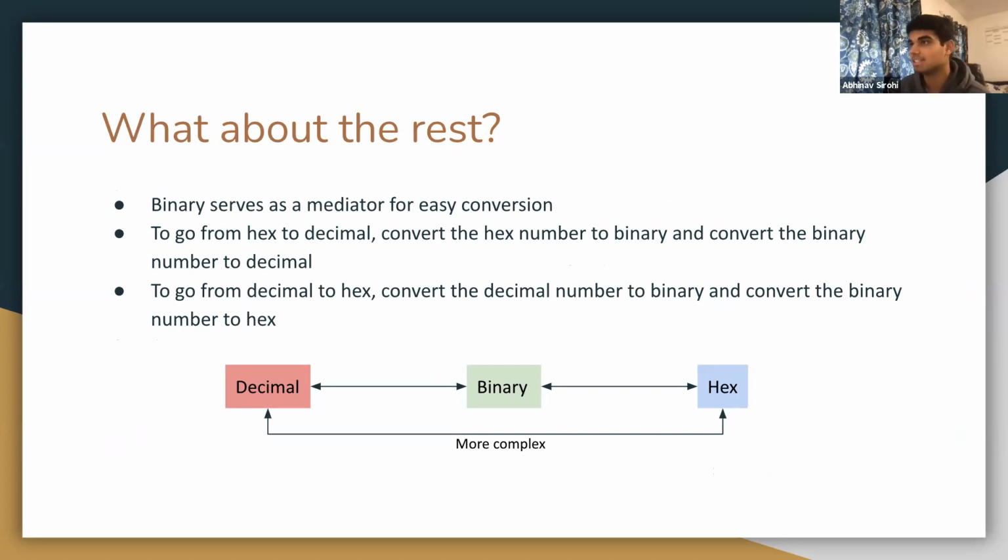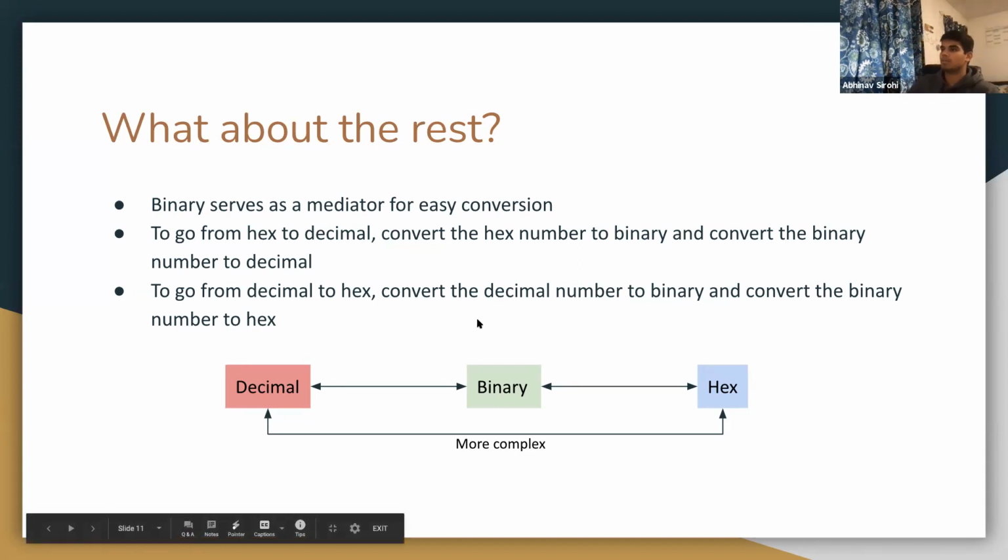So you don't actually need to know how to convert from decimal to hex or hex to decimal, because those are more complex algorithms. And I mean, there are algorithms out there for that, of course, but it's a lot easier to do it this way, because algorithms to convert between binary and decimal, and binary and hex, are a lot easier.